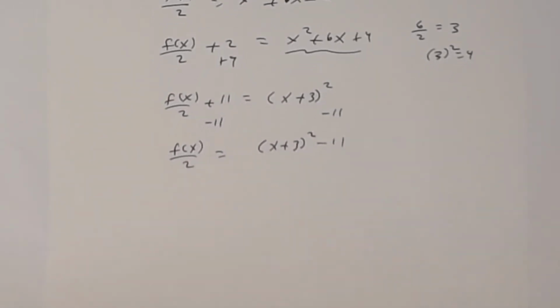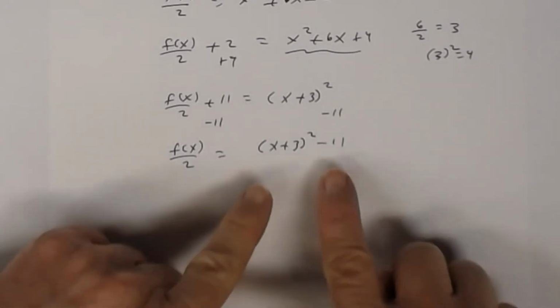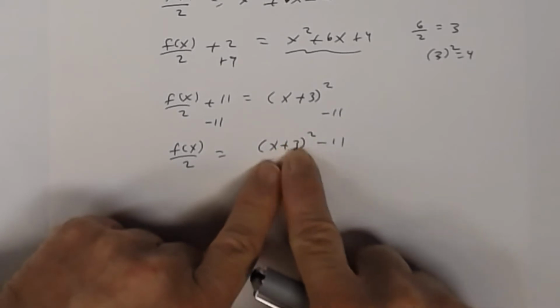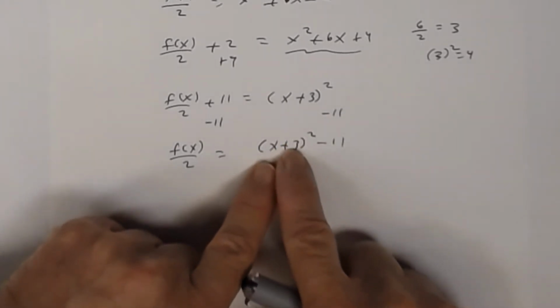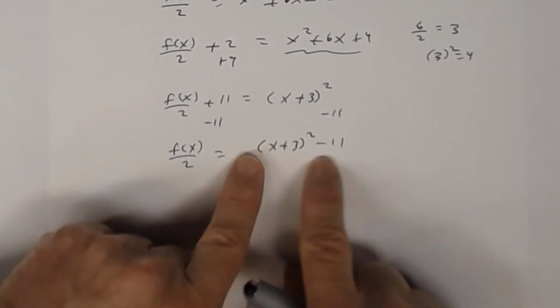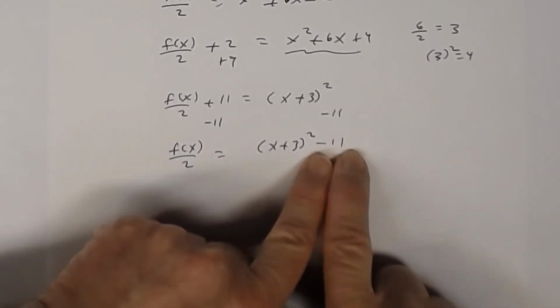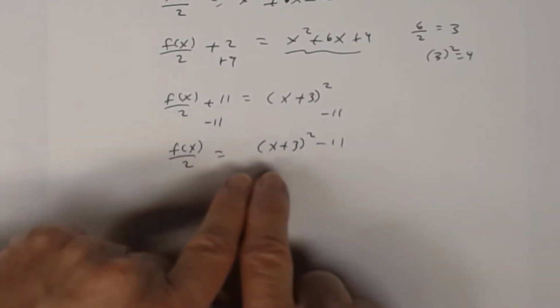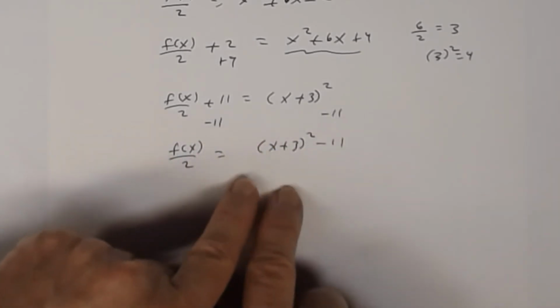But here's where you have to be careful. When you multiply both sides by 2, think of this as one term, even though if you factor it out, you get several terms here. Think of this as one part of the expression and this as the second part. When you multiply both sides by 2, everything here has to be multiplied by 2.